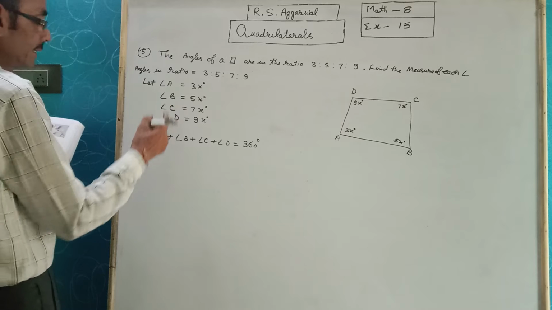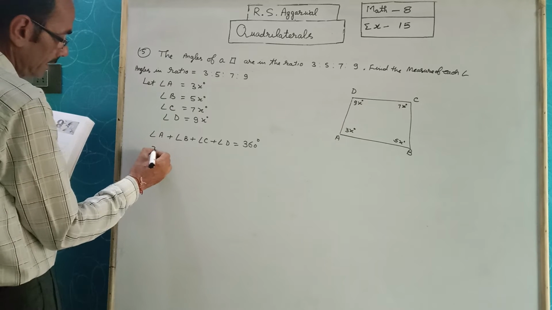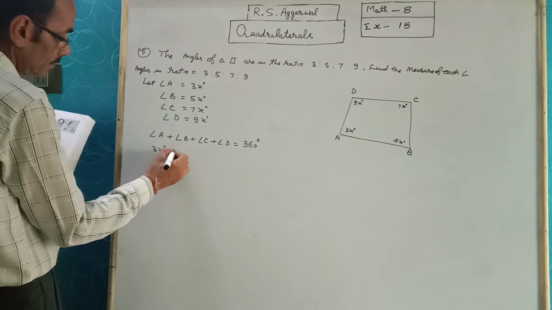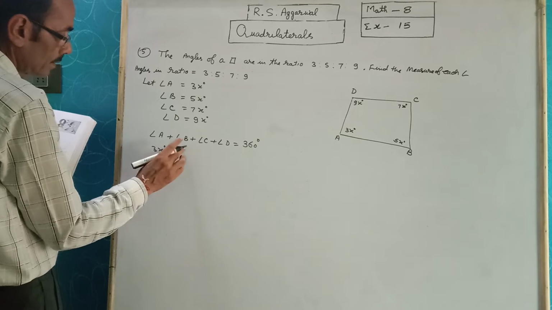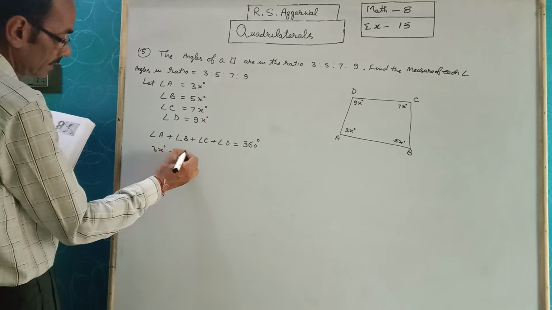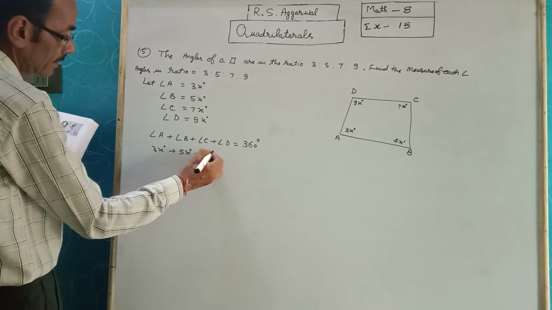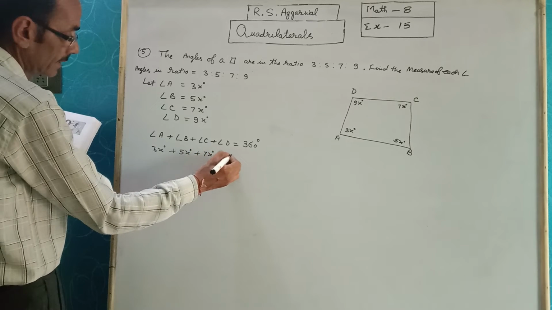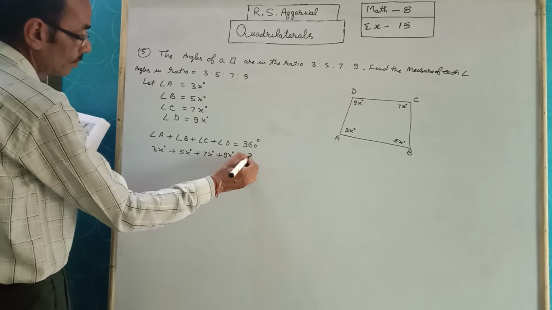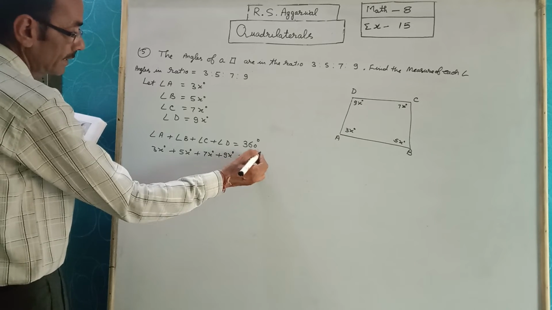A value is 3x plus 5x plus 7x plus 9x is equal to 360.